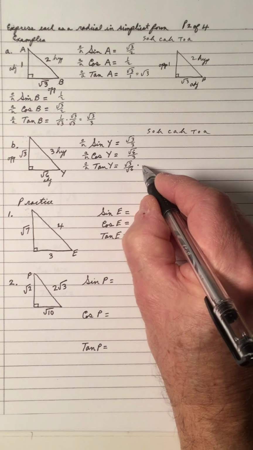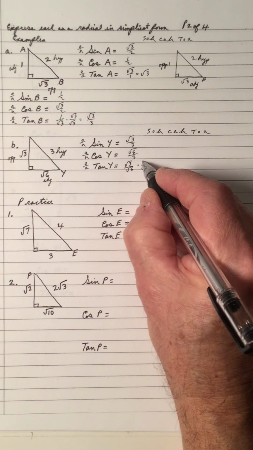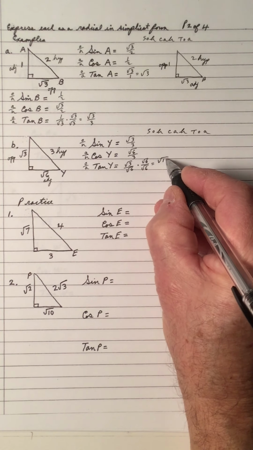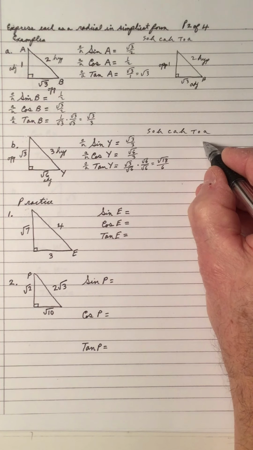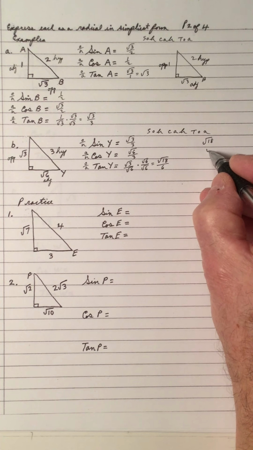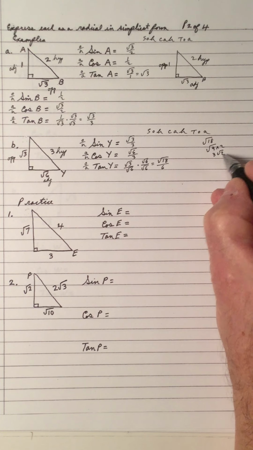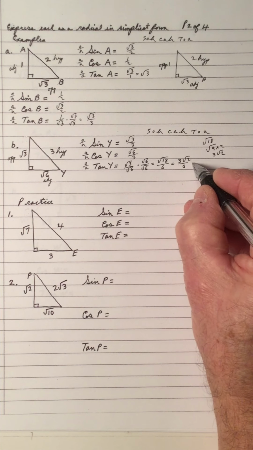And again, we have a monomial denominator, which we have to rationalize. So we multiply the bottom by root 6 and the top by root 6. That gives me root 18 over 6, since root 6 times root 6 is 6. The root of 18 is root of 9 times 2, so that's 3 root 2. So it's 3 root 2 over 6.